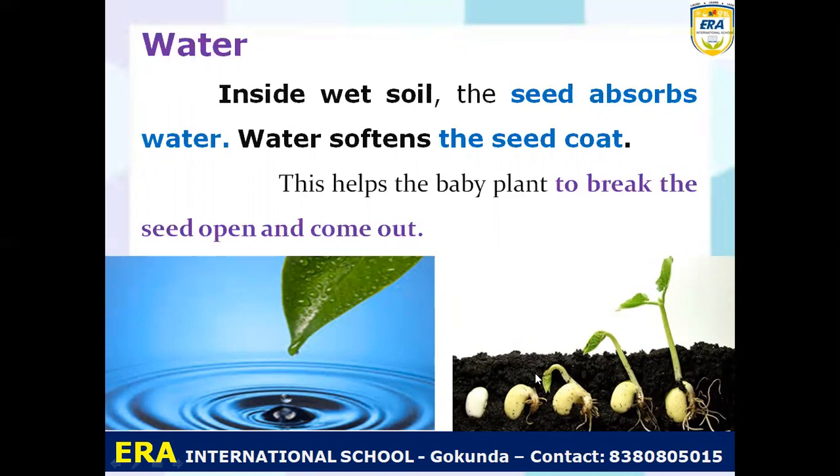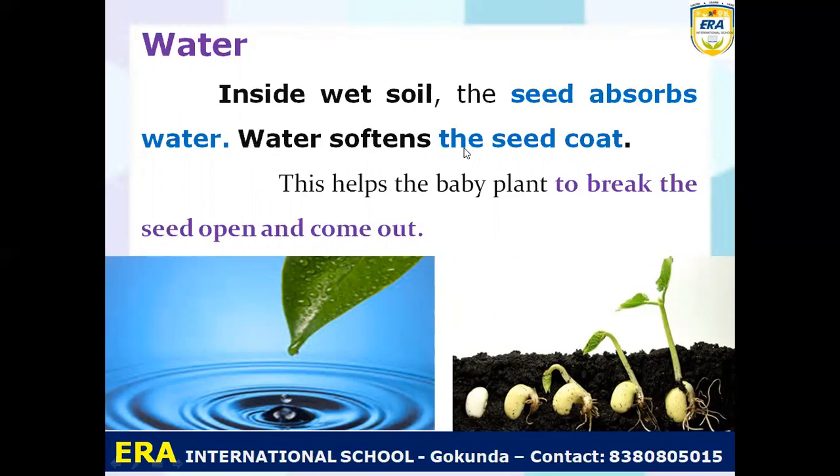Inside the wet soil, do you know this is wet soil? The seed absorbs the water. Do you know the seed is placed under the soil? So it absorbs the water from the wet soil, and this water softens the seed coat. You can see that this is a seed coat which gets soft by the water. So what is the function of the water?